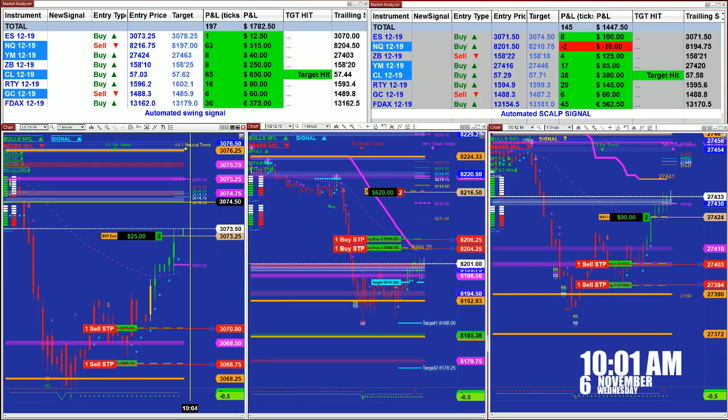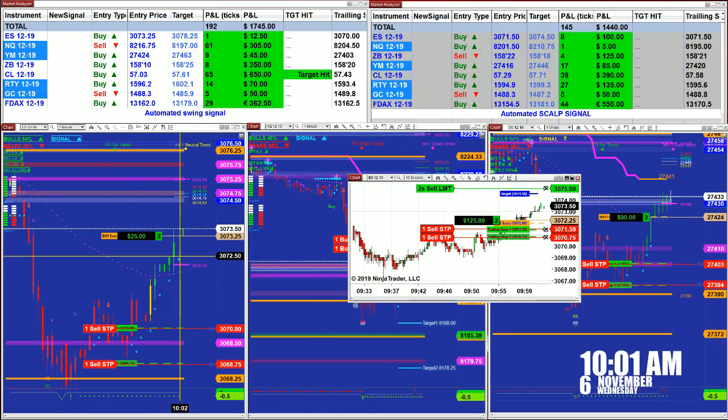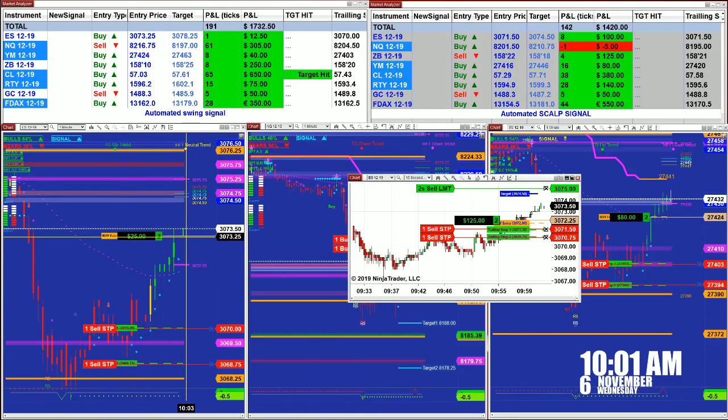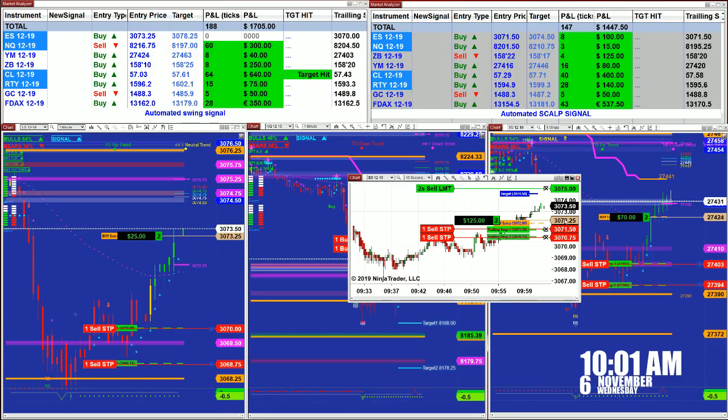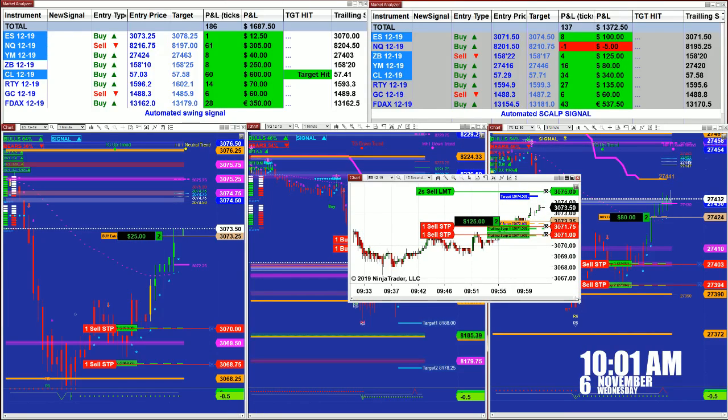That will be much better for you. This is the swing trade entry, 3073.25. But this one here is 74.50 and is in line where I'm saying there is a resistance.